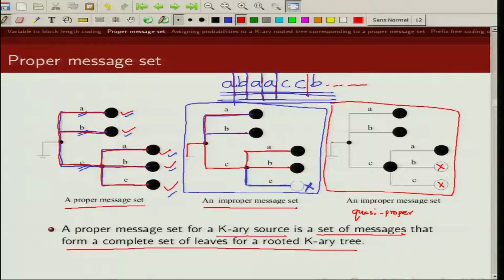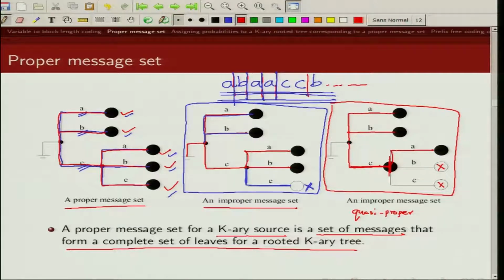Let's look at it. If I get an A, that's where my one boundary is. If I get a B, that's one message boundary. If I get a C, I will look at what comes after C. If A comes, I will use CA, that's my message boundary. If B or C comes, I will just use C.